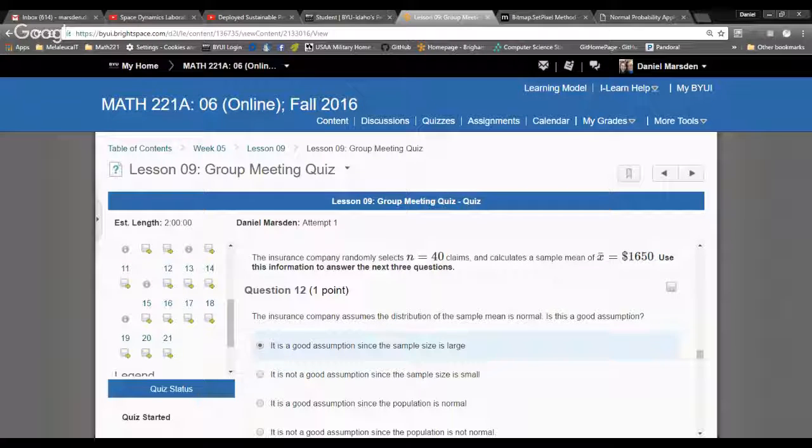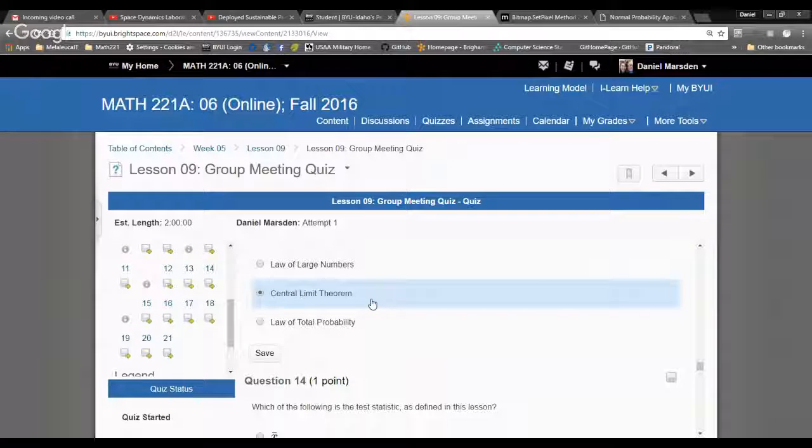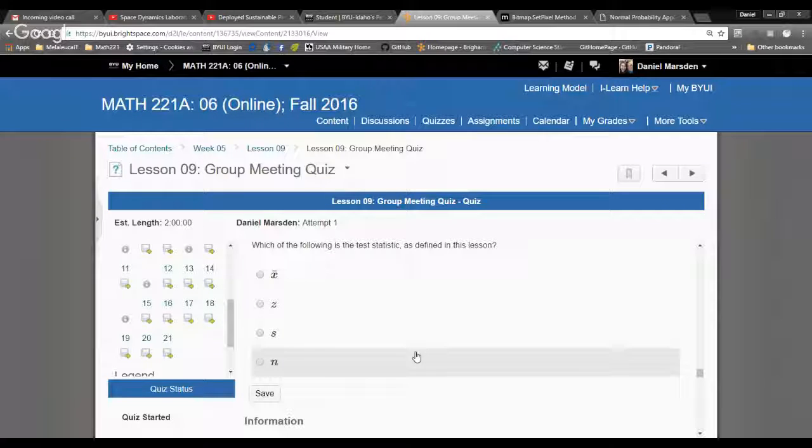The central limit theorem only talks about the distribution of your sample means. The law of large numbers addresses your future mean and the standard deviation of each of those means. All right, so we're going with B.